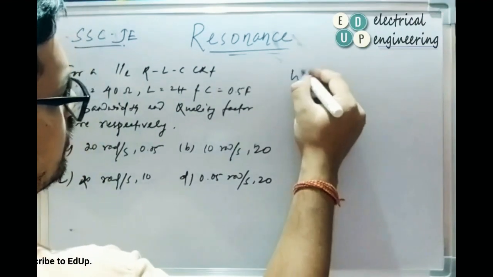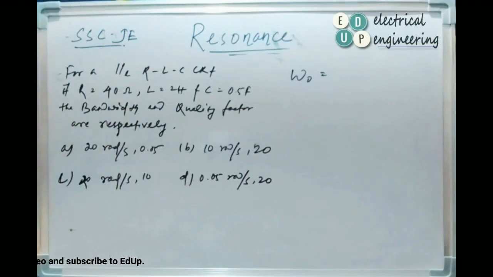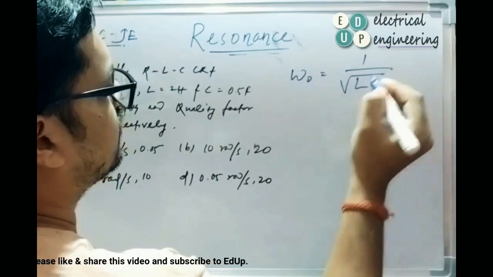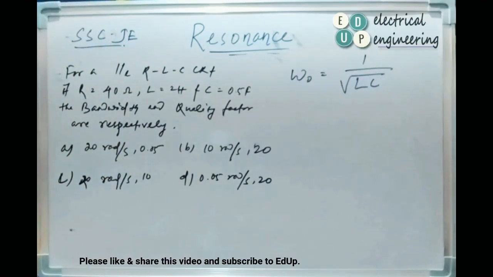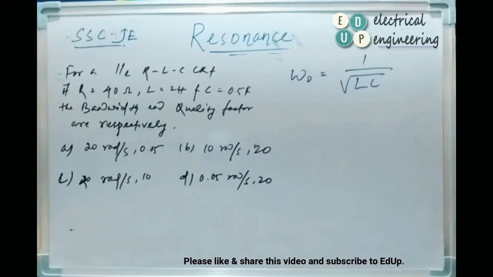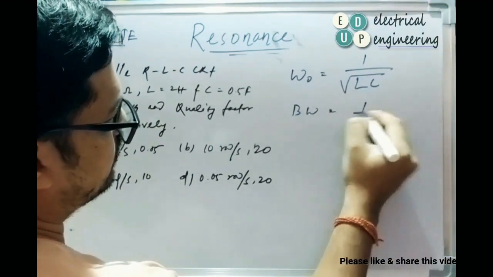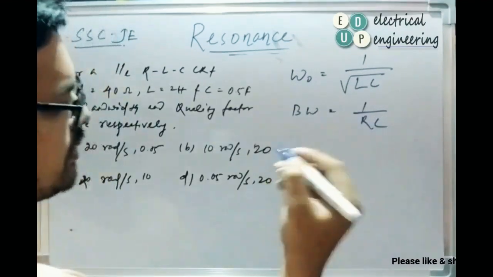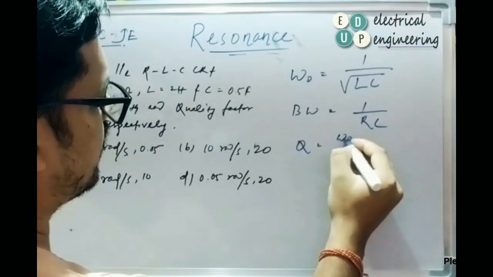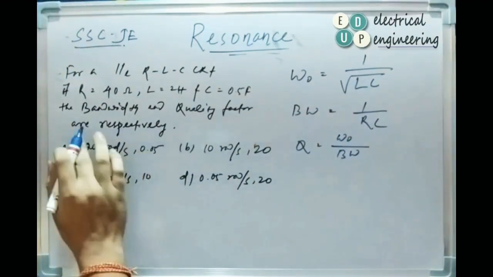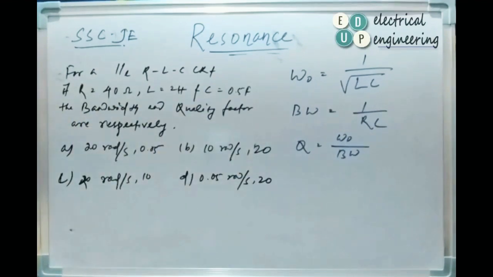For omega naught, resonant frequency is 1 by root over of LC. Next, bandwidth is 1 by RC and the quality factor Q equals omega naught by bandwidth.